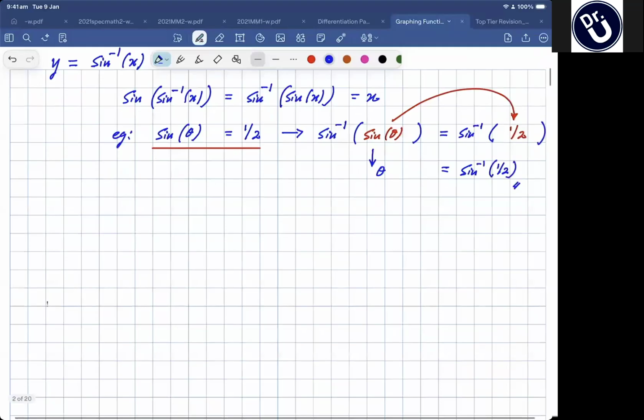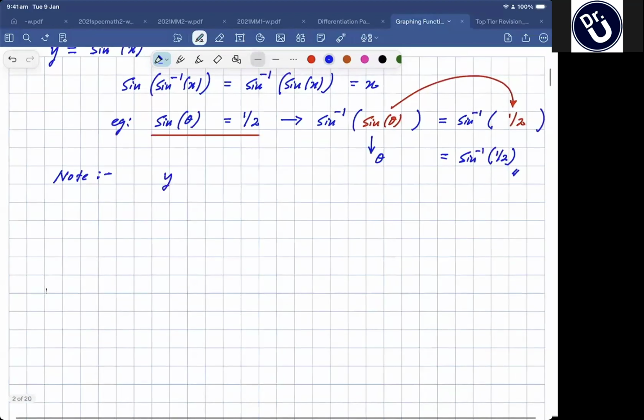Now, let's look at it in this way. So you have y is equal to sine theta, right? Then, if you really look into this, theta is an angle.